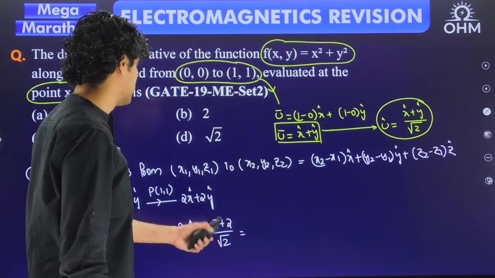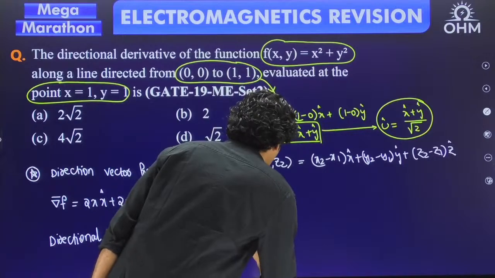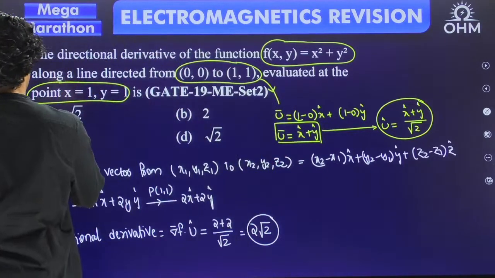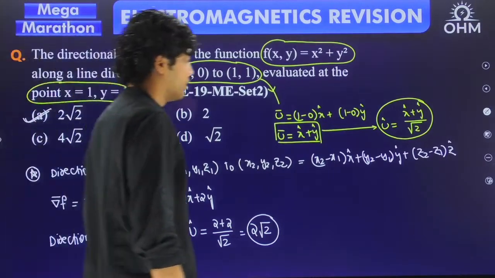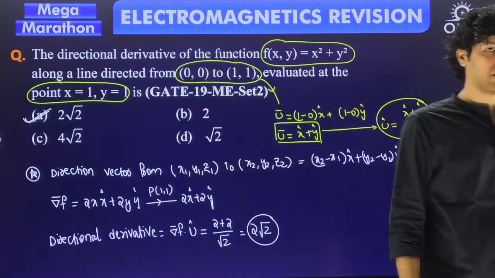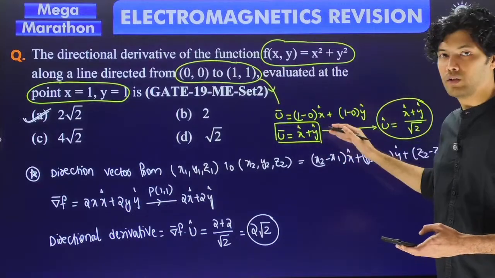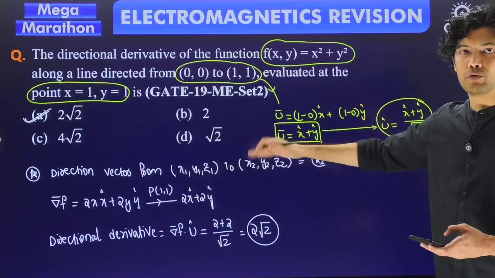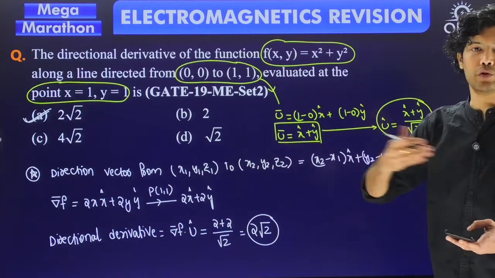So we have 4 by root 2, and 4 by root 2 becomes equal to 2 root 2. Answer is nothing but A. But in this question, directly it was not given what u bar is. U bar you have to find out by using this particular logic of how to find the direction vector directed from point 1 to point 2.